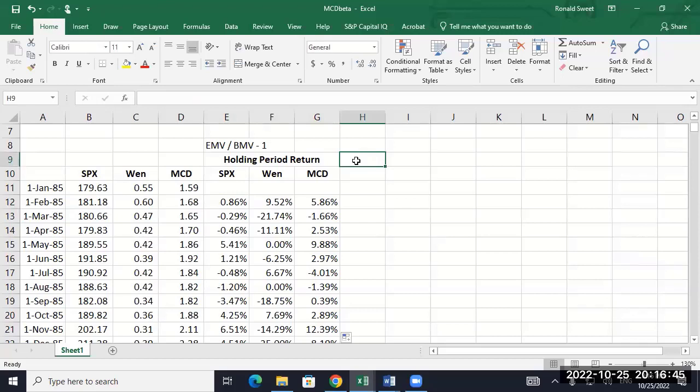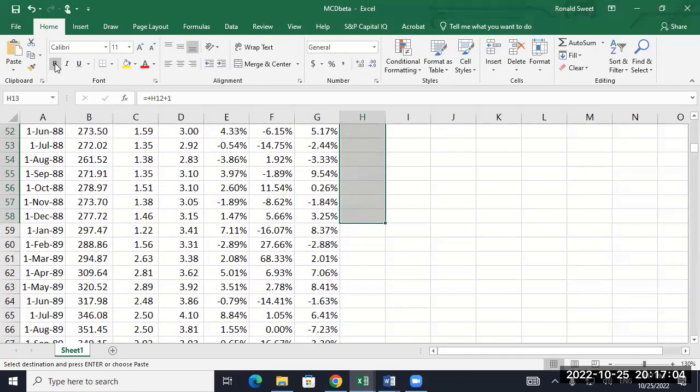Then we're going to calculate their rolling betas. I'm going to do 5-year rolling betas. How many months in 5 years? About 60. Is that right?